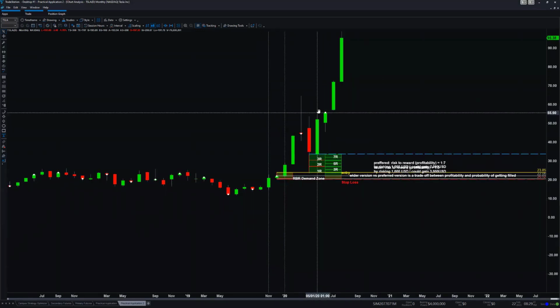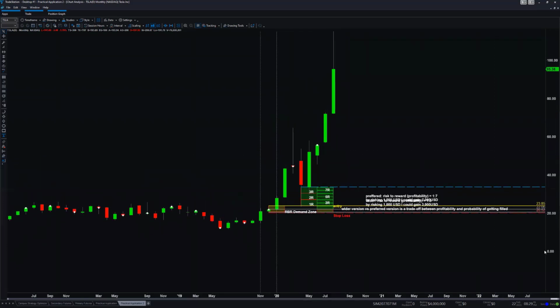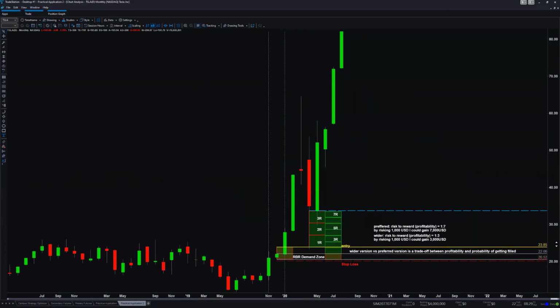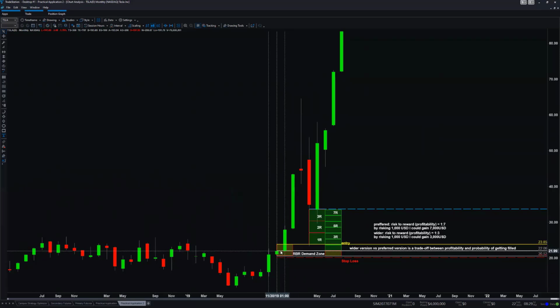So there's a couple of key takeaways here. The key takeaway here is we're backtesting a formation that consists of all the rules that are applicable. We have an explosive leg out, we have a clear basing candle, and we have a nice leg in as well. As we're backtesting our supply and demand zones, we can see that, hey, they're working.